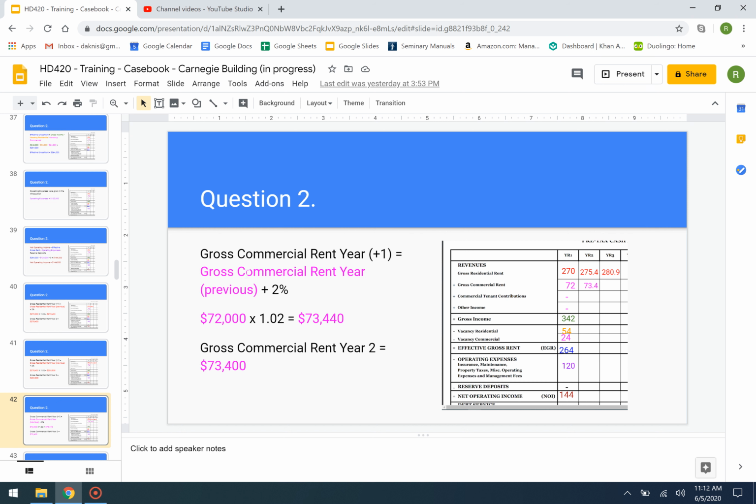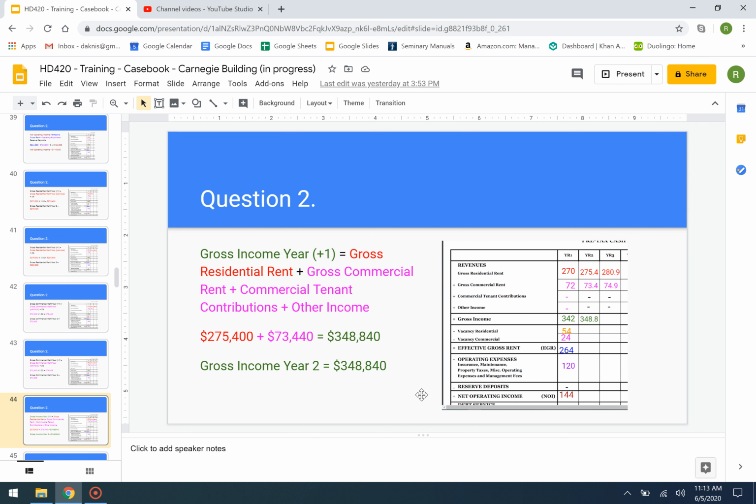Take our previous gross commercial rent, times 1.02, and we're going from 72,000 to 73,440. We plug that number there for year 2. Same thing, we take the 73,440 we just got, add 2%, and we get 74,908. So we know our year 3 gross commercial rent is 74,900.